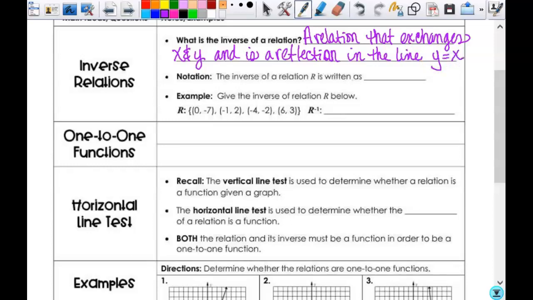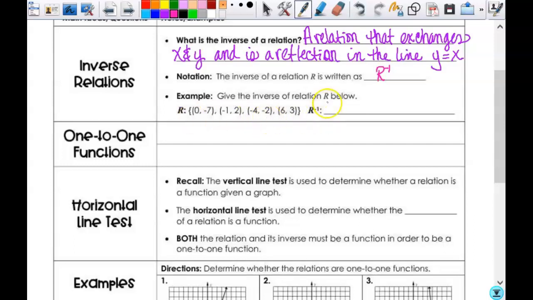Right. So our notation, the inverse of relation R, so it's a capital, italicized R for relation R, is written as R inverse. Okay. So if I want to give the inverse of this relation, here is R.